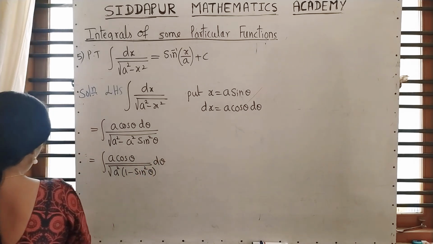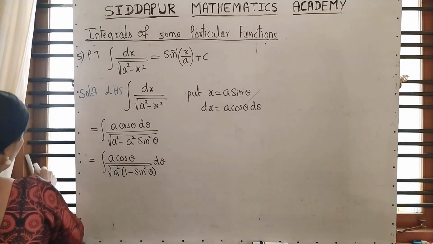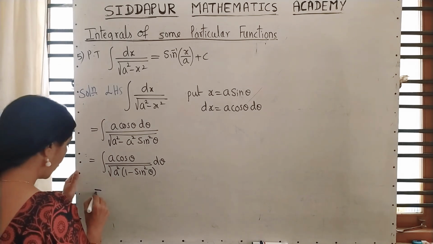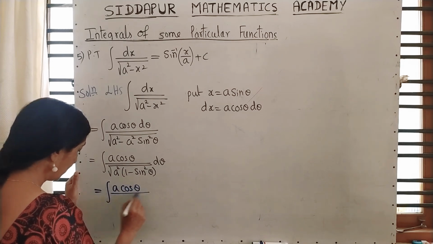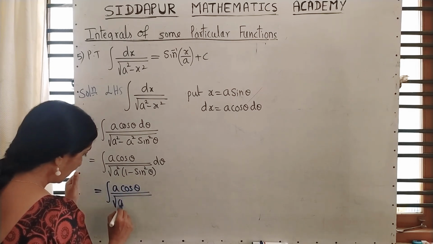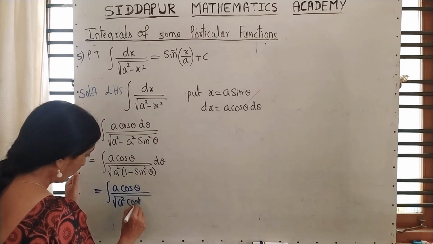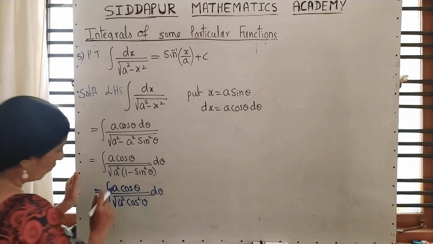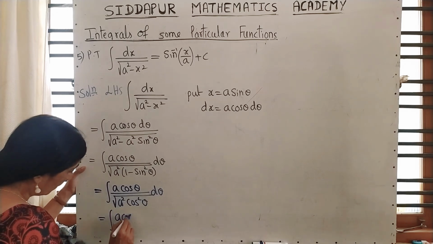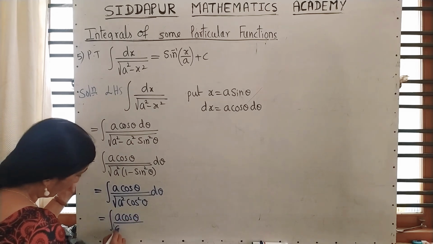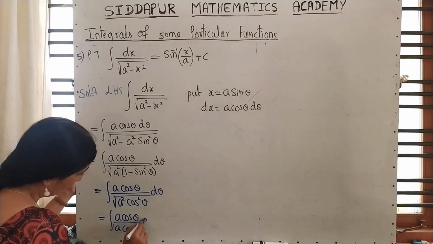What is 1 minus sin square? 1 minus sin square is cos square. a cos theta divided by root of a square cos square theta. What is square root of a square cos square? Square root of a square cos square is a cos theta.